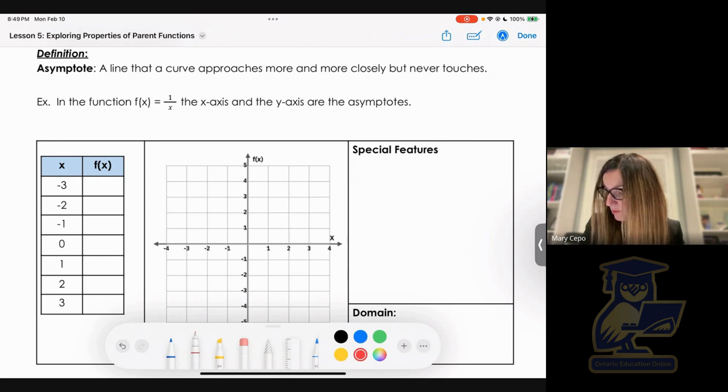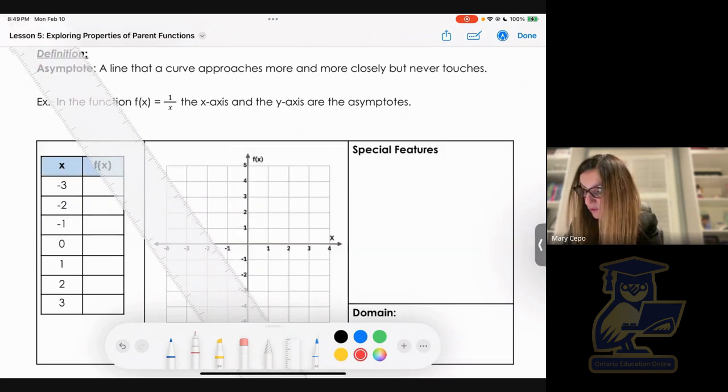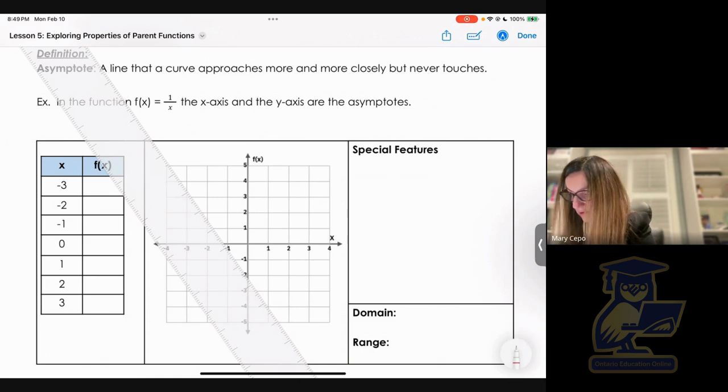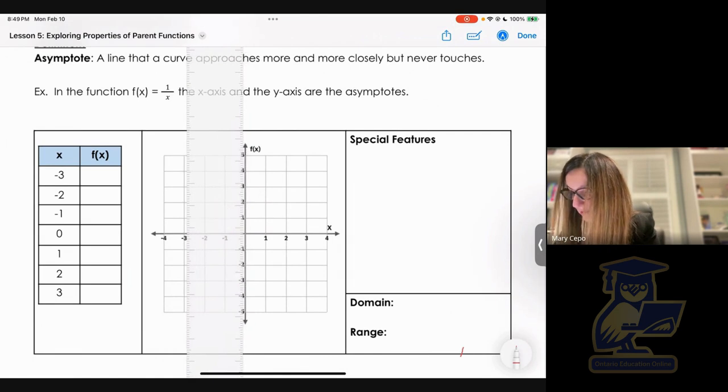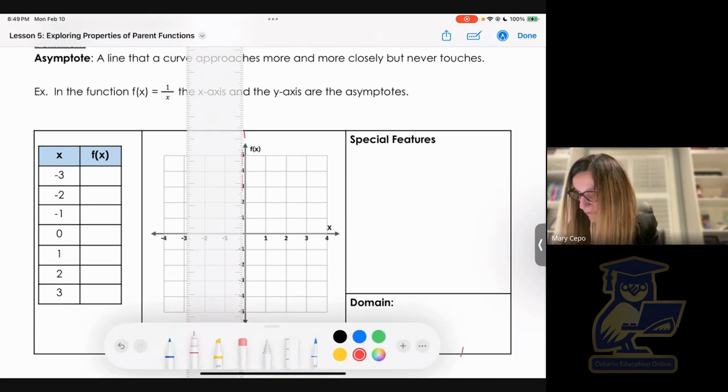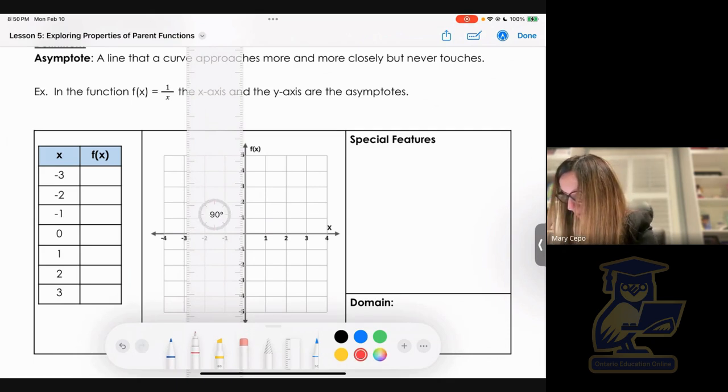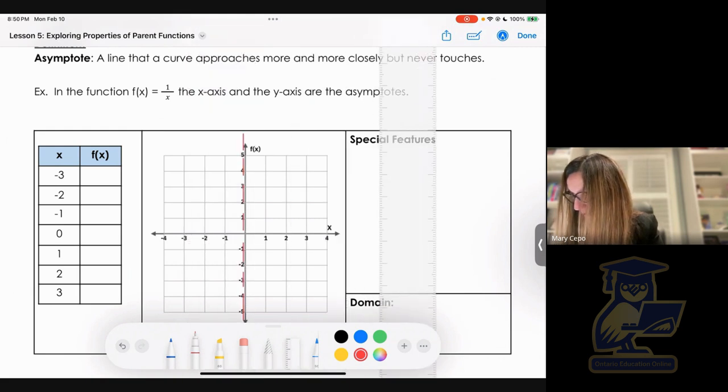So I'm going to just start with those asymptotes. I like to draw them in different colors. Okay, I'm going to try that again.